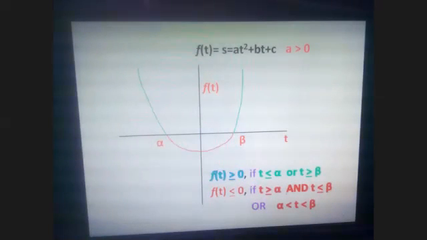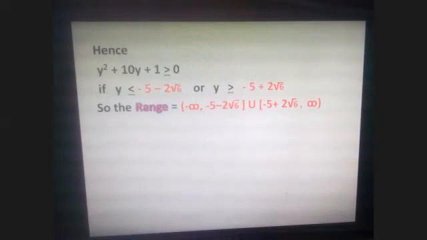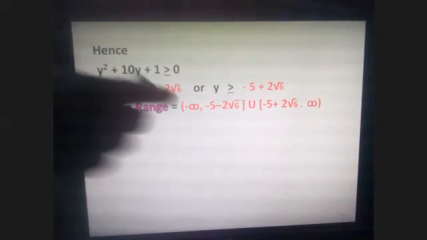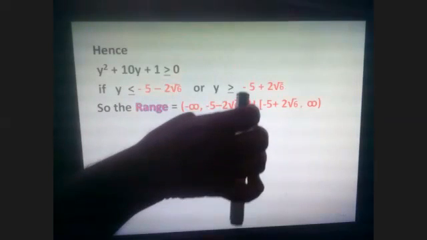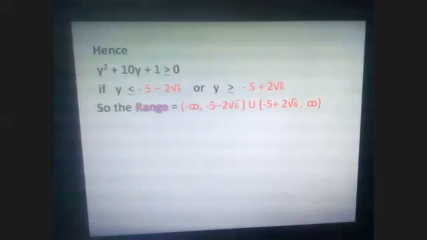Well, our polynomial was y squared plus 10y plus 1. We want it more than or equal to 0, and we have alpha and beta. Alpha is minus 5 minus 2 root 6, and beta is minus 5 plus 2 root 6. So this is more than or equal to 0 when y is less than or equal to alpha or more than or equal to beta.